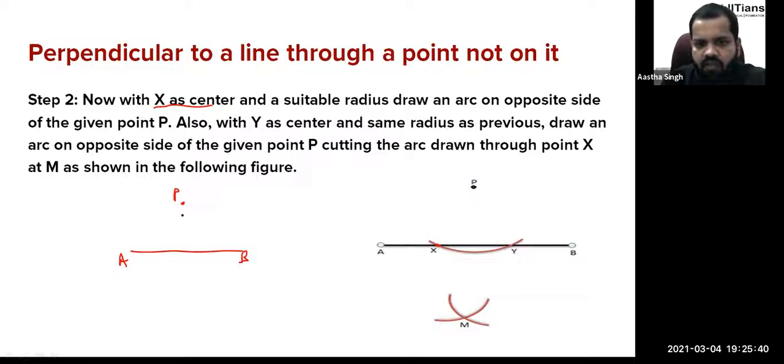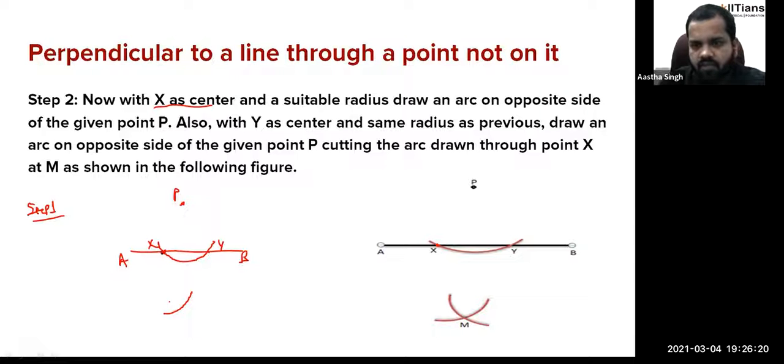Our step one says: with any radius, put the compass at point P and make an arc such that it cuts at two different points, X and Y. And from X, take X as center and make an arc of any radius opposite to the point P. If your point P is above your line AB, then make the arc below, this way.